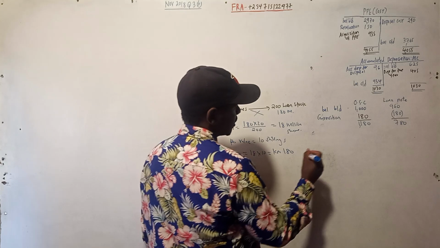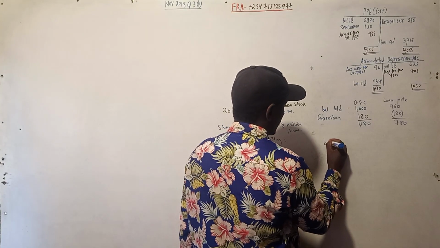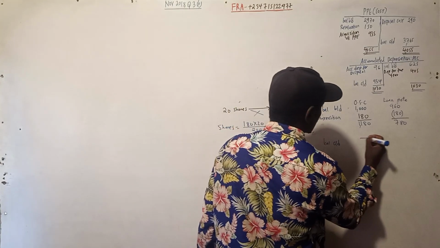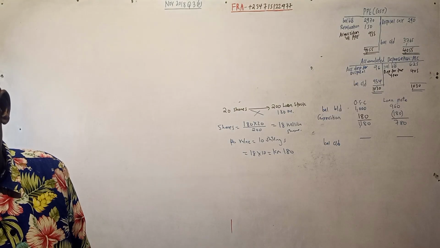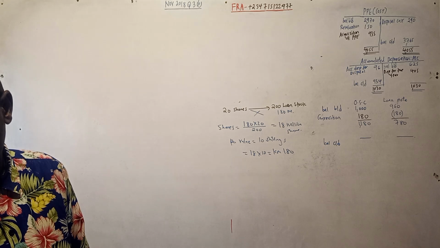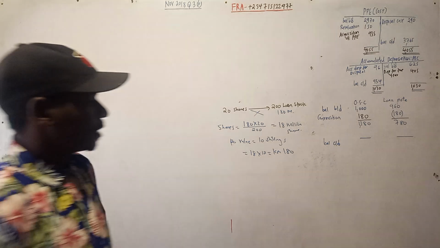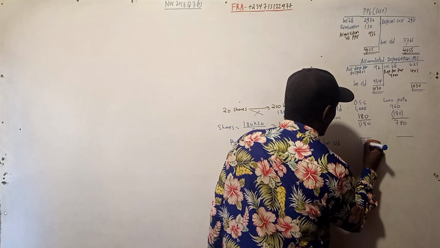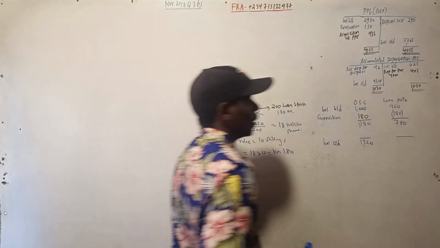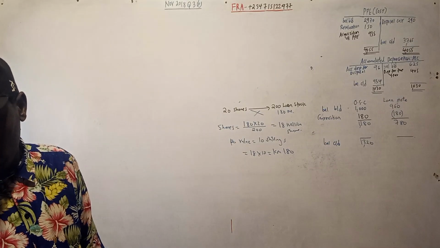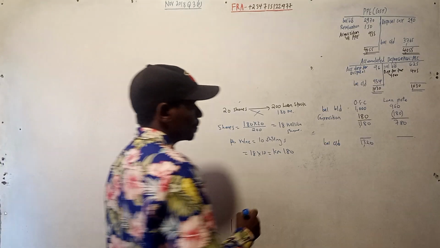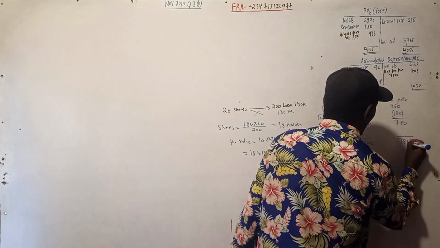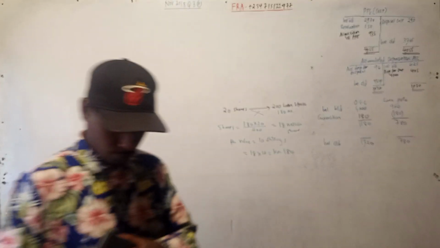Then let us see the balance carried down. According to the question, the balance for ordinary share capital is supposed to be 1320, and the balance for the loan stock is supposed to be 780. So we need to determine if we have an increase or a decrease.